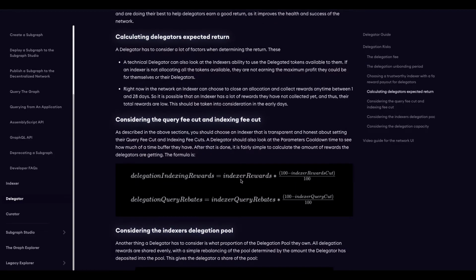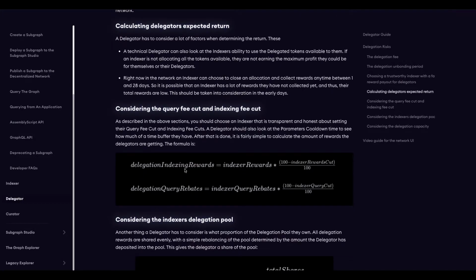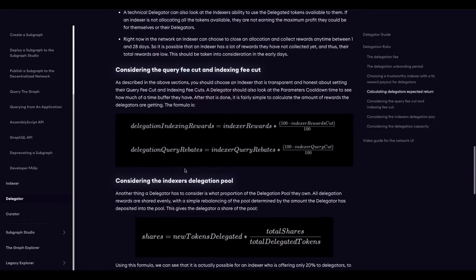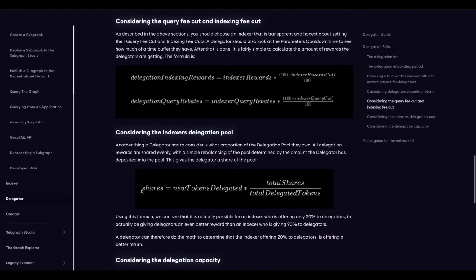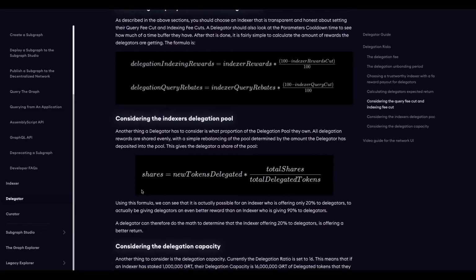They give out a formula for calculating your indexing rewards. Also, there's the amount of shares, your pool share in the delegation of the indexer that you use.